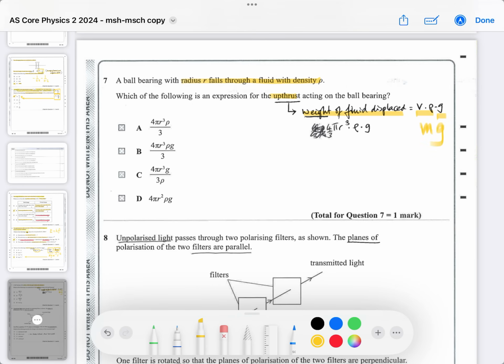So that's basically mass times gravity. The volume is 4/3 pi r cubed. And there's density, there's gravity, so we're looking for 4/3 pi r cubed rho g. Looks like B, doesn't it? 4/3 pi r cubed rho g. 7 is B.